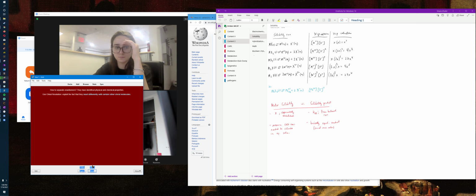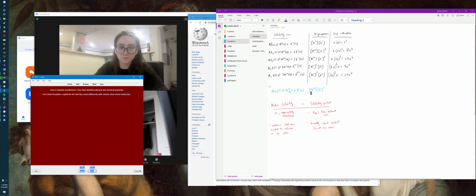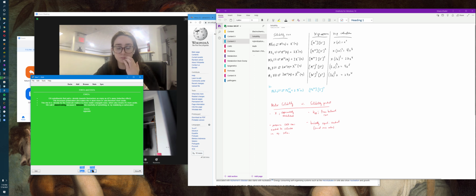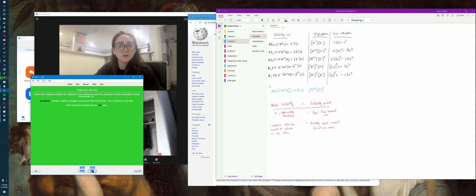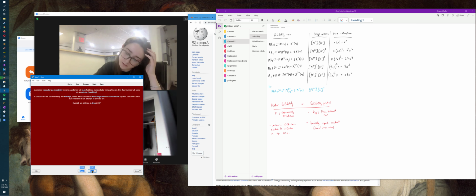The example I gave was lead iodide, which turns into lead ion and iodide ion, and then I wrote out the KSP expression. It's the concentration of the Pb2+ multiplied by the concentration of the iodide to the second power. So you have to use the molar solubility experimentally.